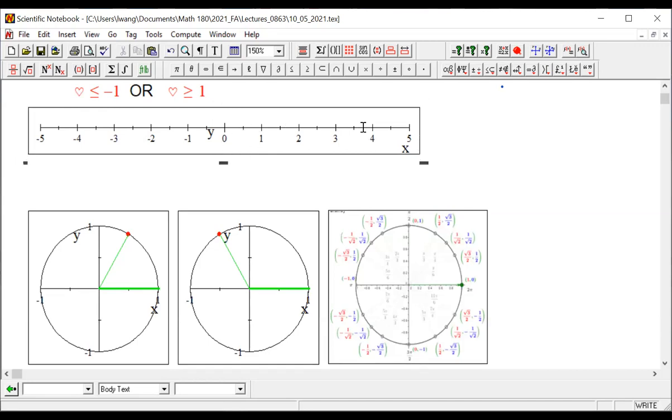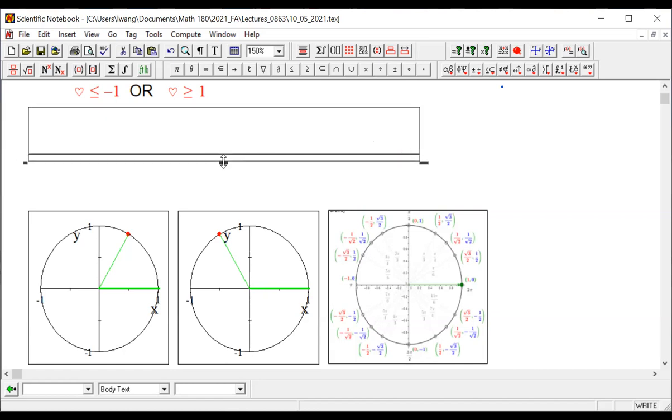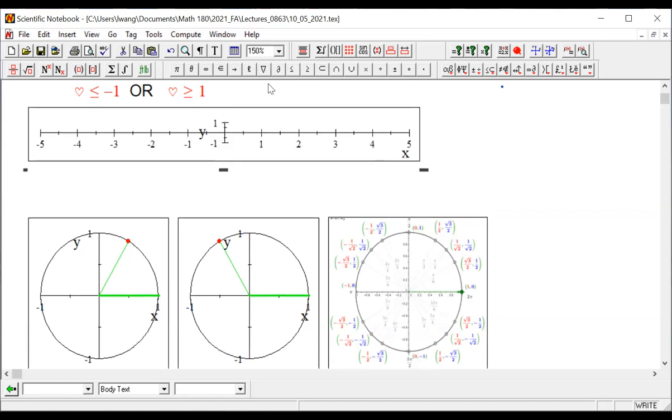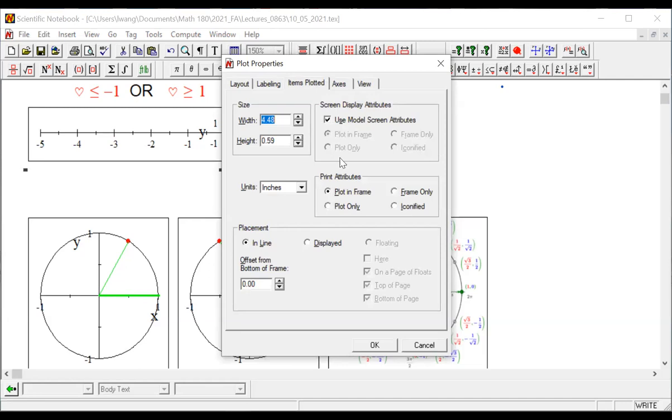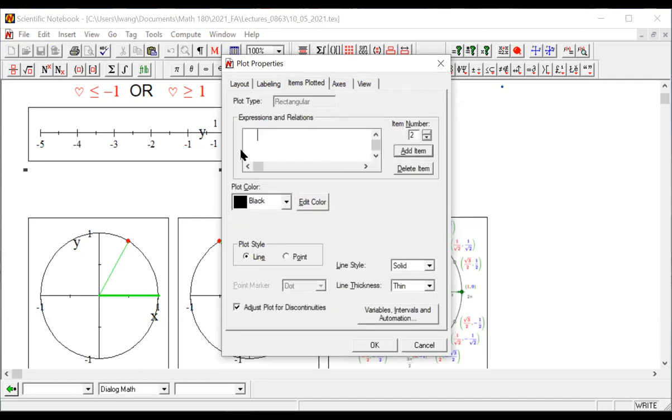The software is, I'll get it here. So on the graph, okay, so I'm going to plot that picture here. You have less than or equal to -1, greater than or equal to 1, what it means is that red.